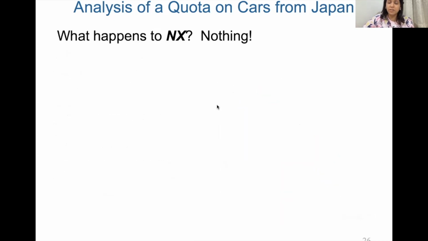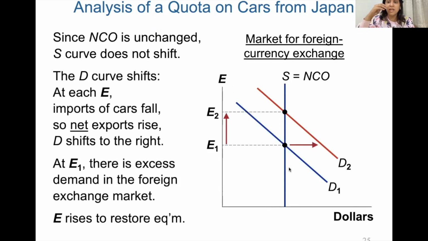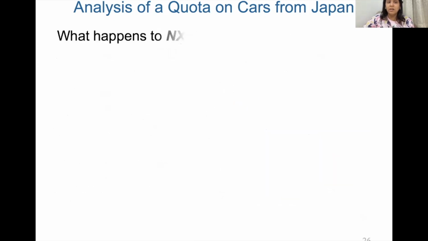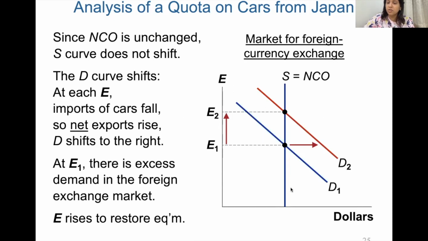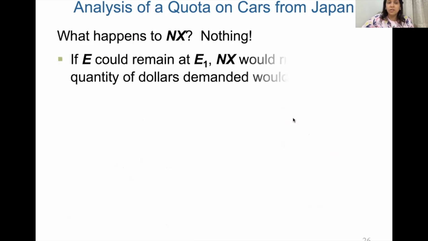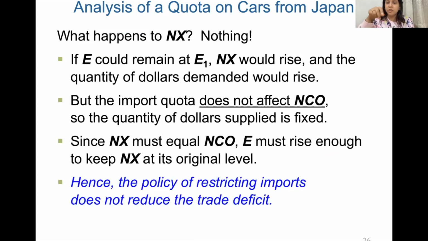And when your exchange rate moves up, you will realize that because the exchange rate has adjusted to restore the equilibrium, the NX, that is this part of the diagram, is essentially not going to change. The level of your net exports is still the same. So what it's trying to establish is that if the exchange rate is adjusting in order to restore equilibrium, then the policy of quotas or tariffs, etc., is not going to reduce the trade deficit.